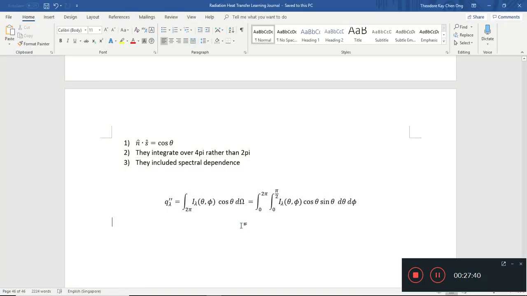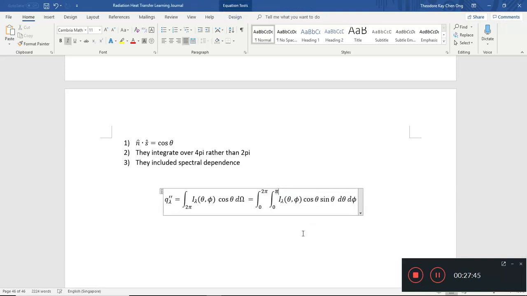So the corrected thing should be from 0 to pi, this polar angle. Now it is a more complete equation. This should be 4 pi.